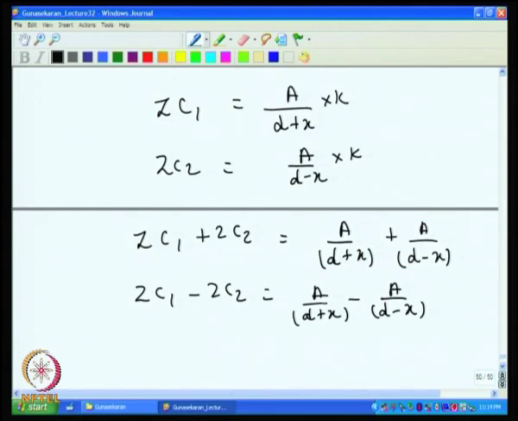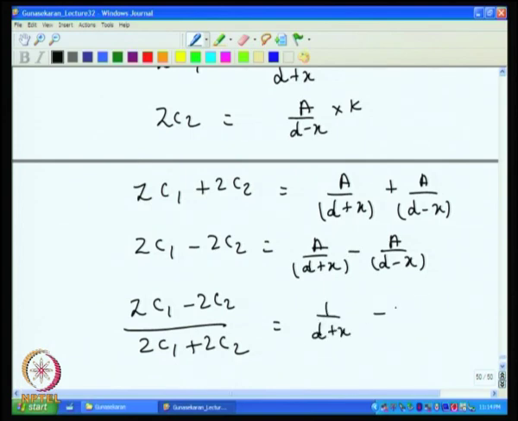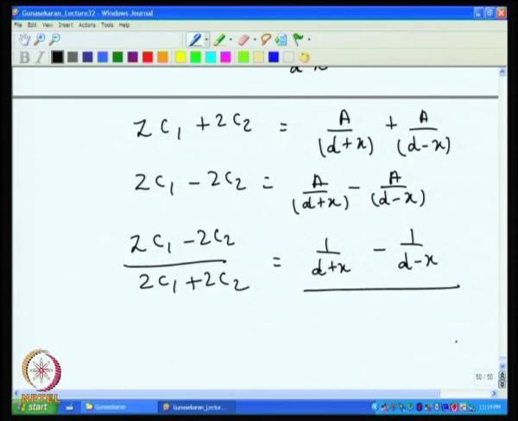So, if again we write ZC1 minus ZC2 divided by ZC1 plus ZC2, the a goes off. You will have as the upper term 1 by d plus x minus 1 by d minus x, divided by 1 by d plus x plus 1 by d minus x.